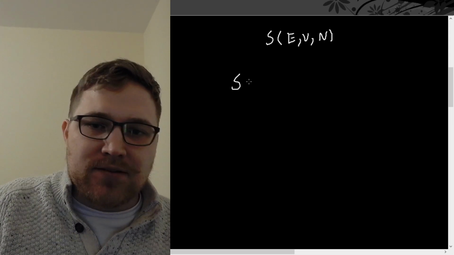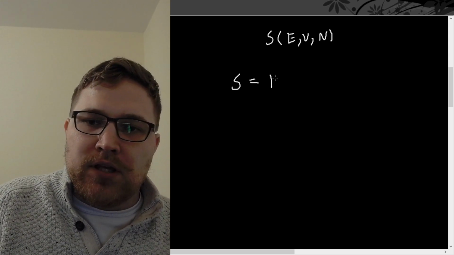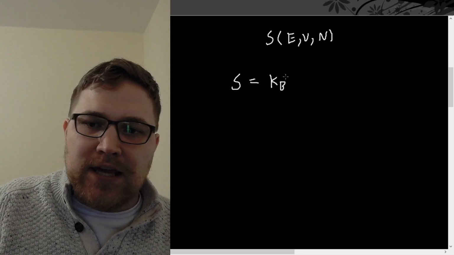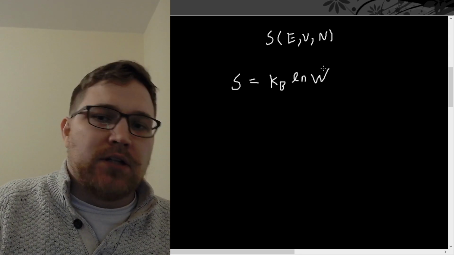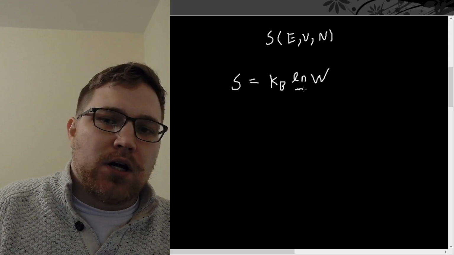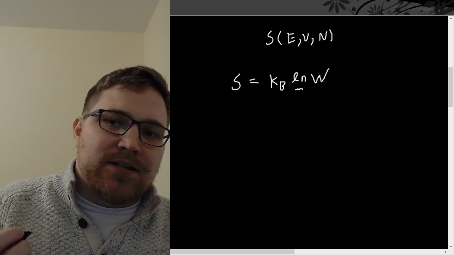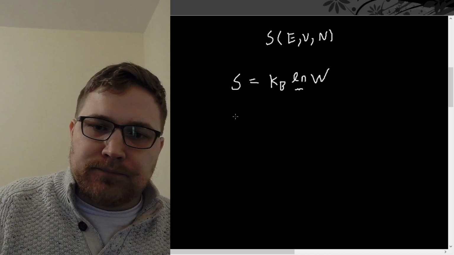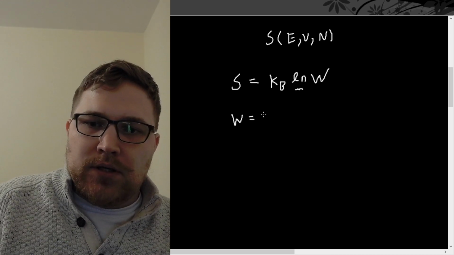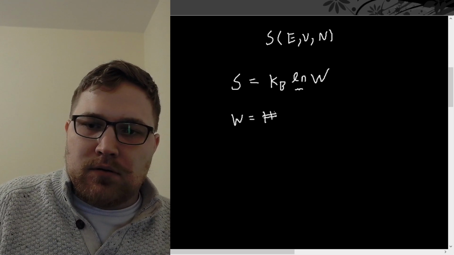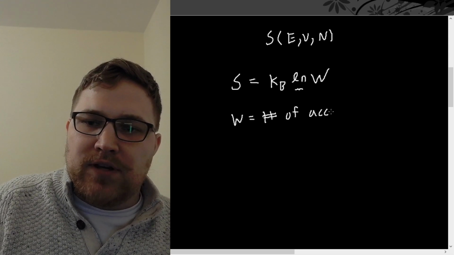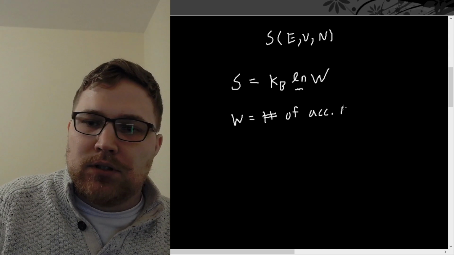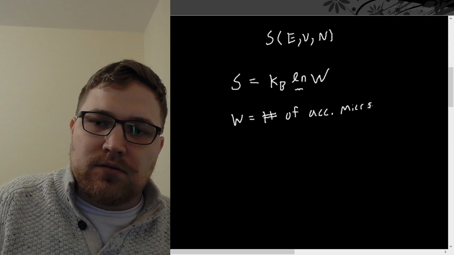So entropy S is equal to the Boltzmann constant, k_B, times ln of W. So this is the natural log, and W is the number of accessible microstates.